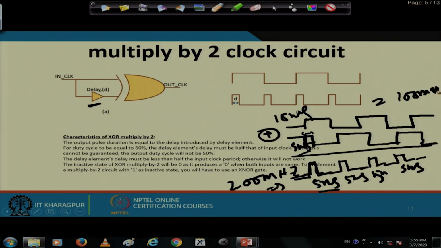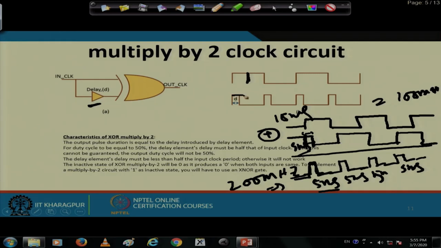Okay. And here you can see that it depends upon the amount of delay, and this is not a 50% duty cycle. It will be a 50% duty cycle when the delay is just half of the period.